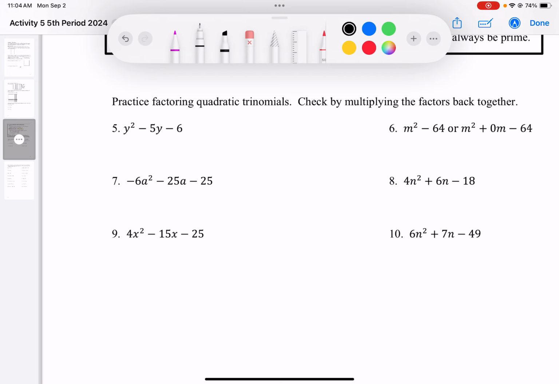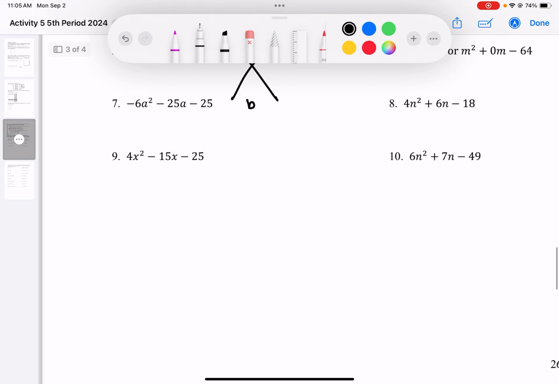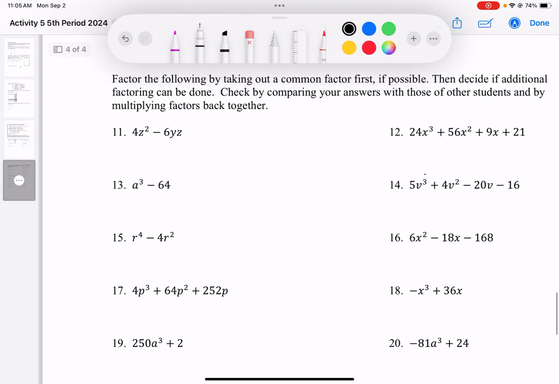We're going to do our traditional X method, which in the top is our A times B. Well, actually, that's a lie. A times C, and then down here is our B, and I'll go over that. And then we're going to have some that have, like this one right here, 4 terms, and we're not going to be able to solve it with the X method because all the terms are different.